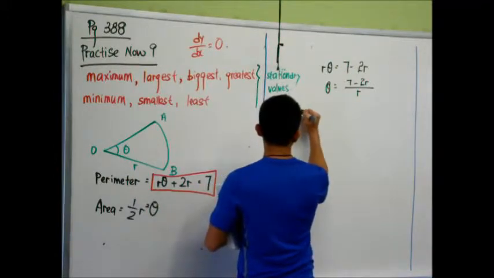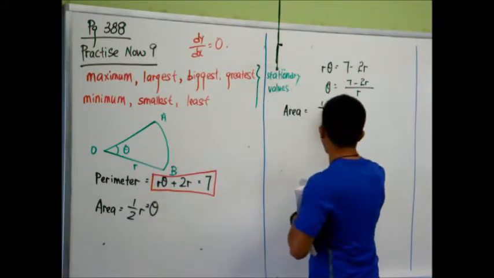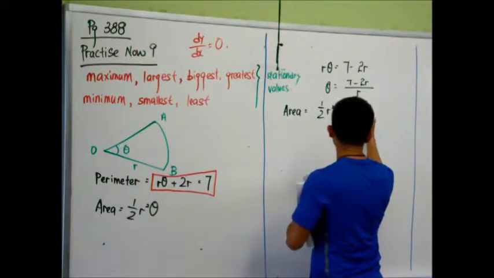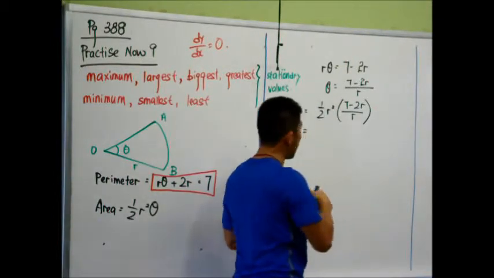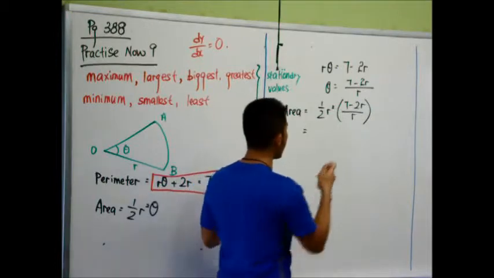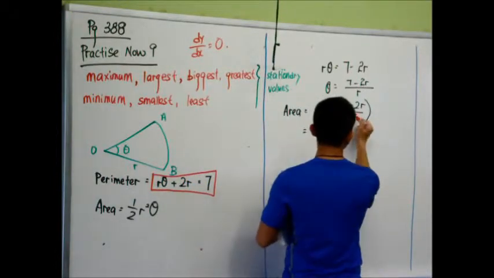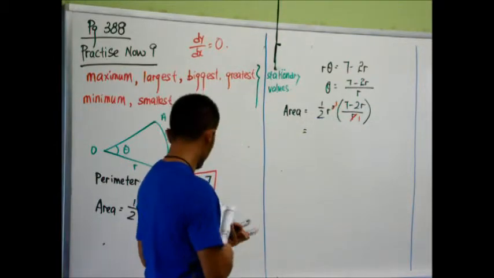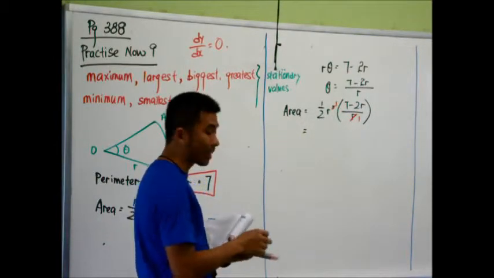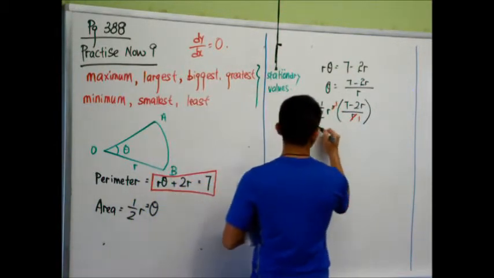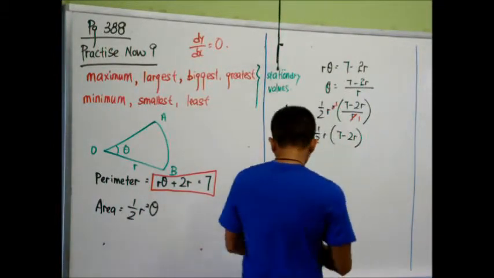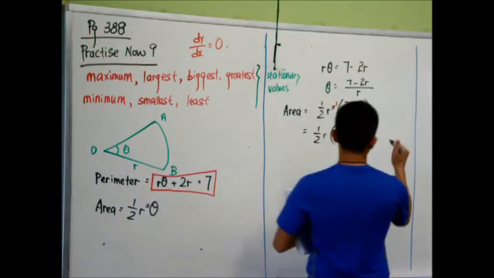So area, in this case, will be half r squared, (7 minus 2r) over r. Now, can I reduce to lowest term? Yes, I can. r squared and r. And it looks exactly like the one given in the question. And you are told to show this. We have shown.